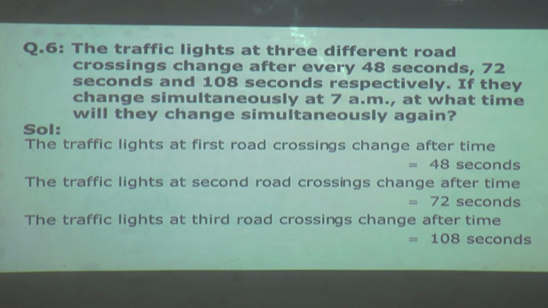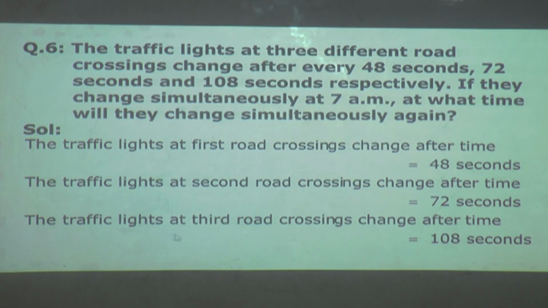Okay, so we have to find out here. So let us solve it. The traffic light at first road crossing changes after every 48 seconds. This is the given, whatever it is given in the question. The traffic light at second road crossing changes after 72 seconds.